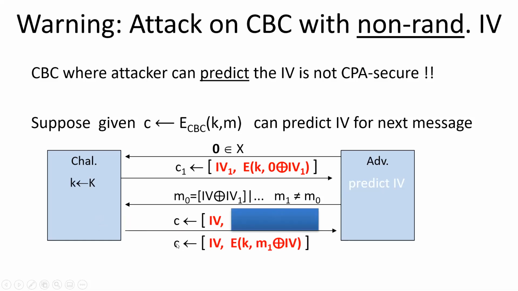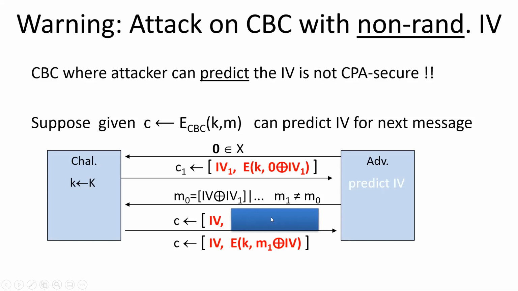So in the case you encrypt M1, what do you see as a ciphertext? You see an IV, which we assume the adversary predicted, and a block cipher applied to M1 masked with this IV, right? Because that's the way CBC encrypts. Both M0 and M1 are single blocks.